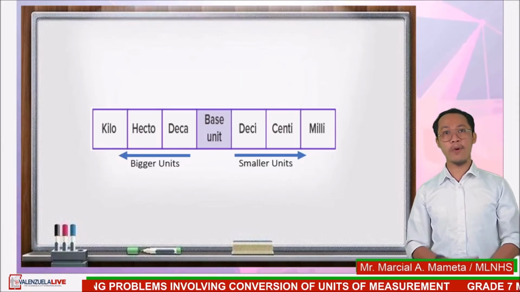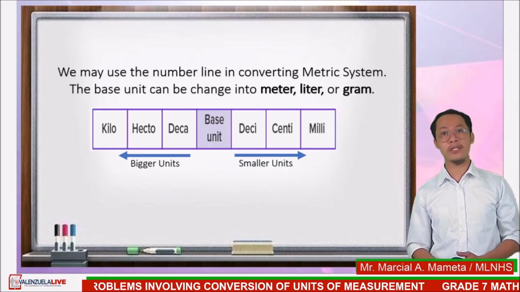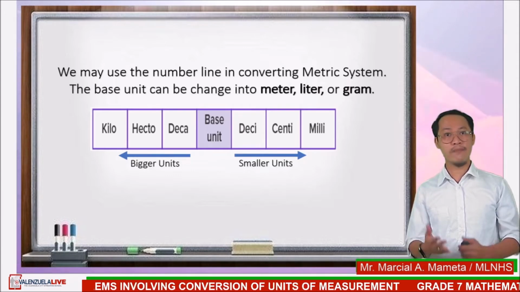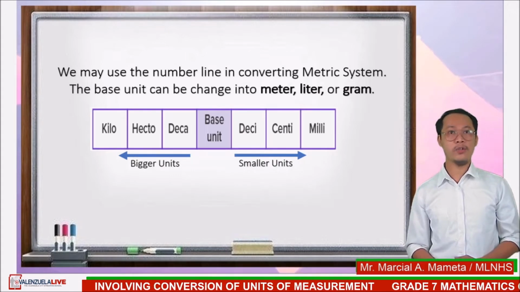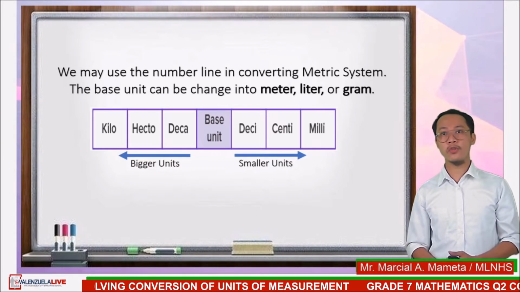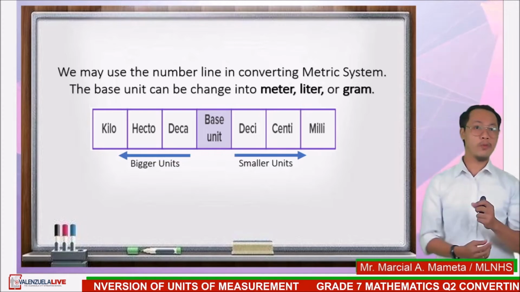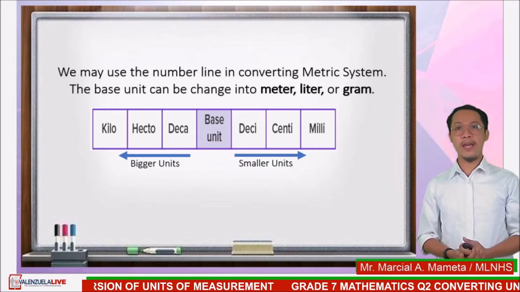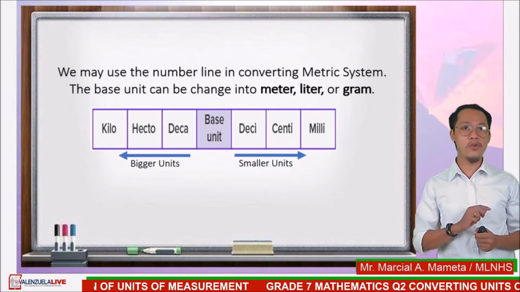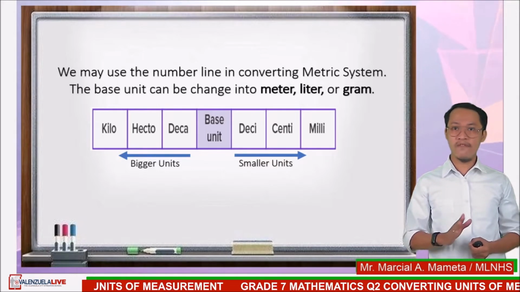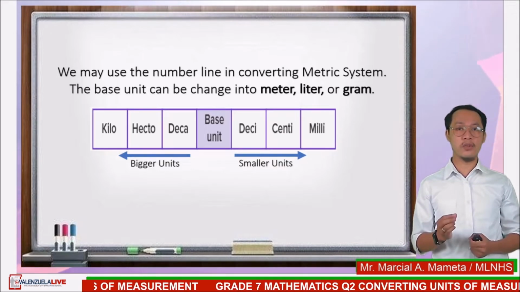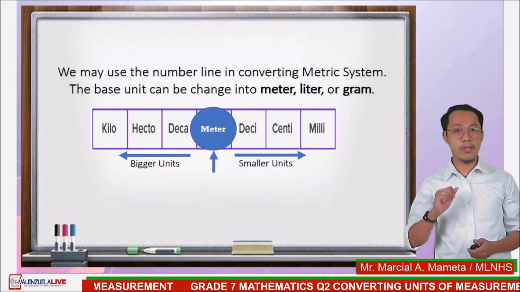We may use the number line in converting the metric system. The base units can be changed to meter, liter, or gram. You may also draw this number line on your notebook or module to be your guide when you need to convert from one unit to another. Just put the base unit in the center. For example, the meter.